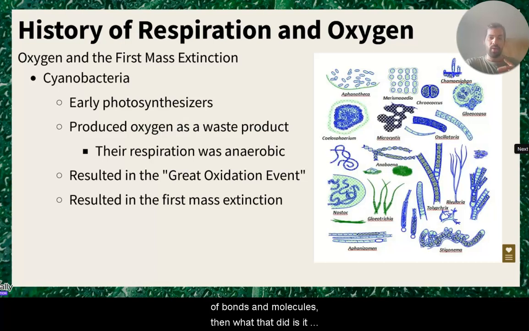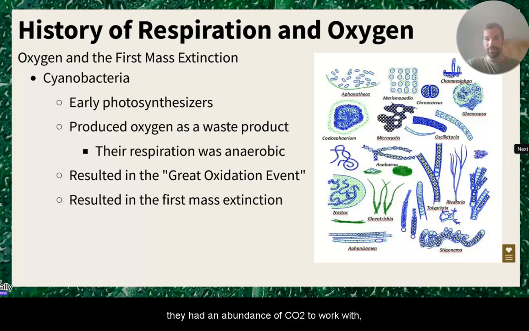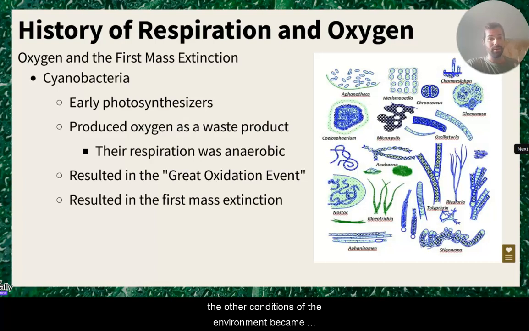And what that did is it produced a lot of oxygen. These early photosynthesizers had an abundance of CO2 to work with, and they had light, and the other conditions of the environment became favorable to where they could start producing a lot of oxygen as they did photosynthesis to store their sugars, to trap the chemical energy of light.